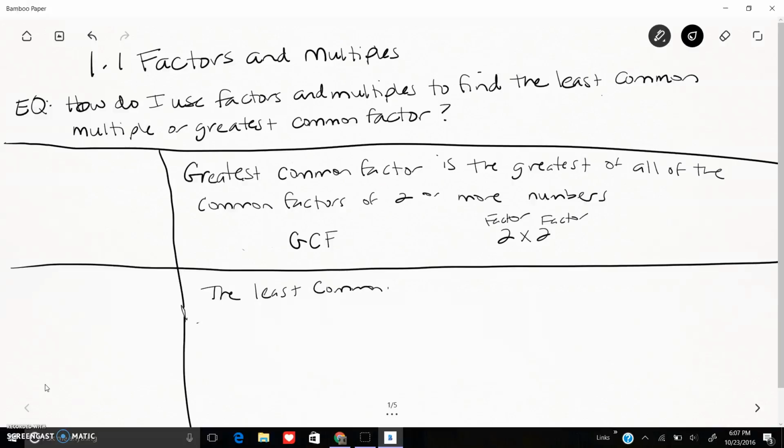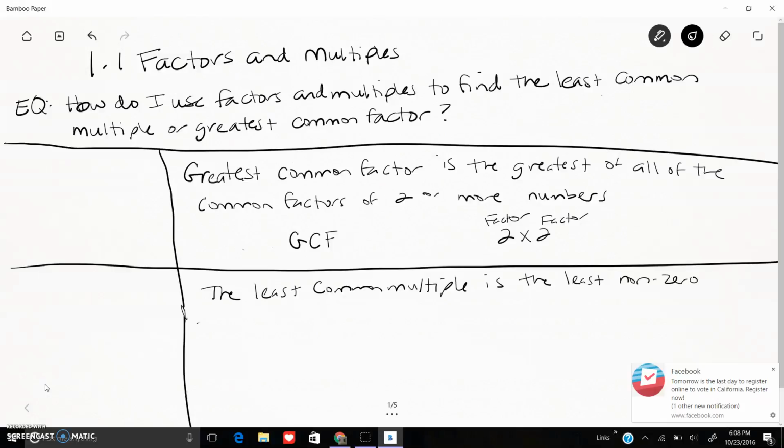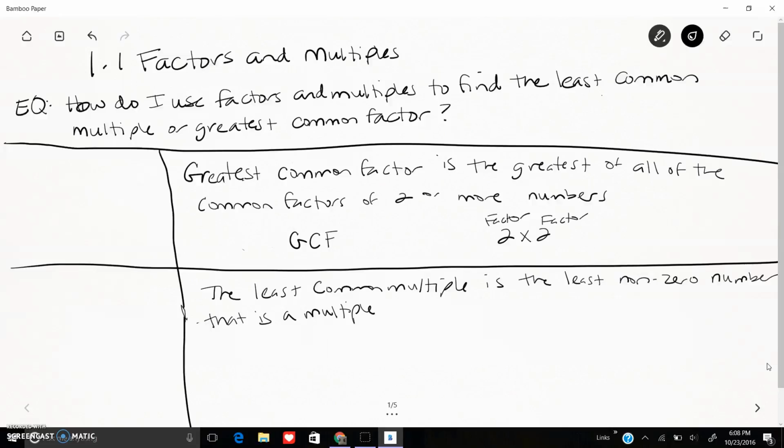The least common multiple is the least non-zero, which basically means zero is not an option, number that is a multiple of two or more whole numbers.